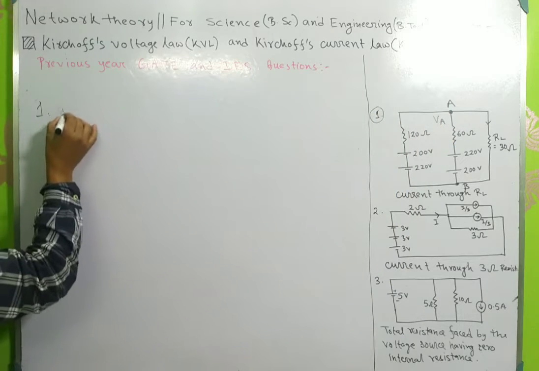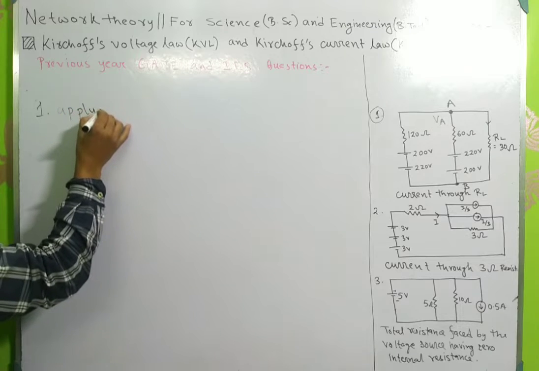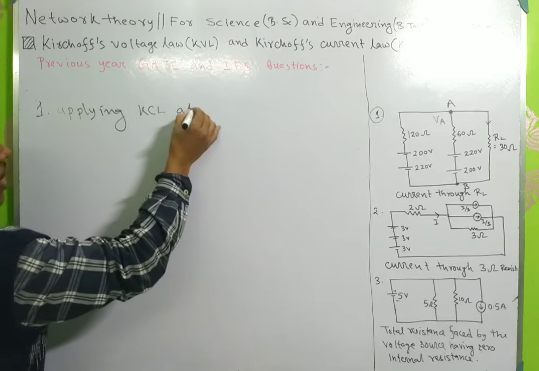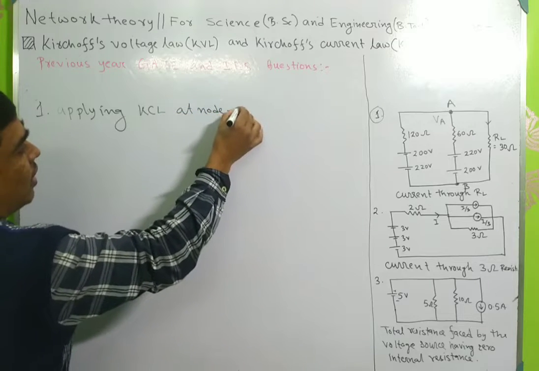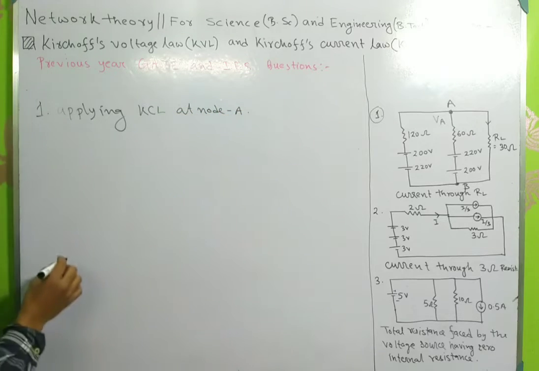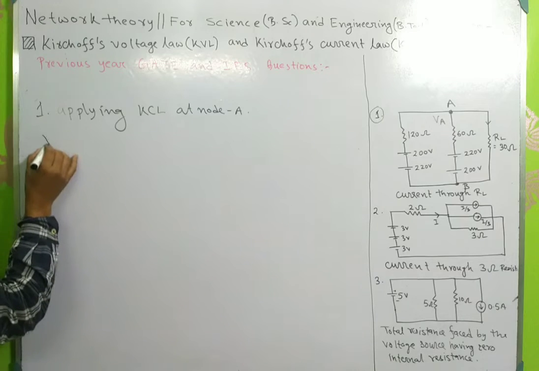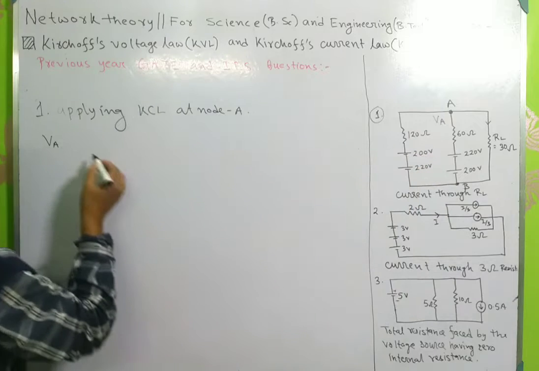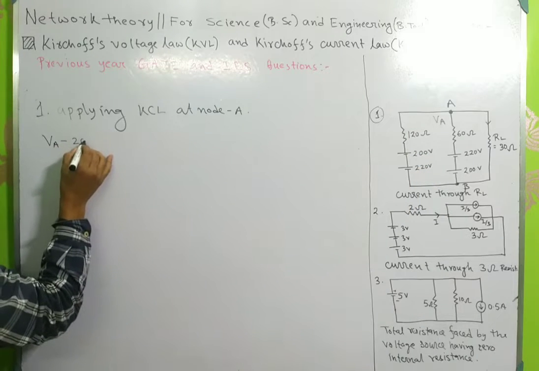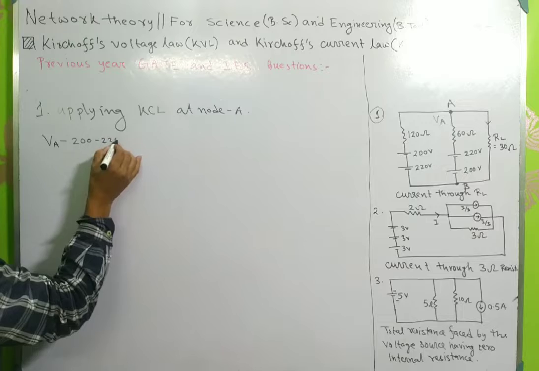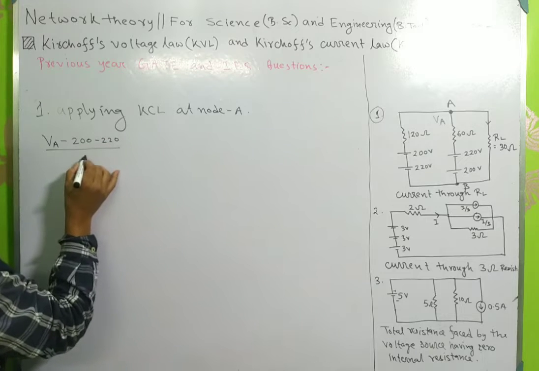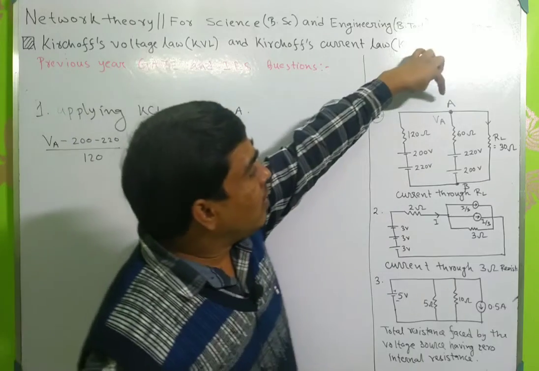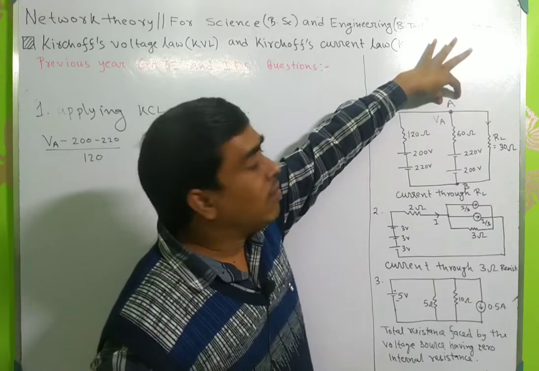So applying KCL at node A. Current through this branch will be VA minus 200 minus 220 divided by 120. I assume that this node voltage is greater than this.